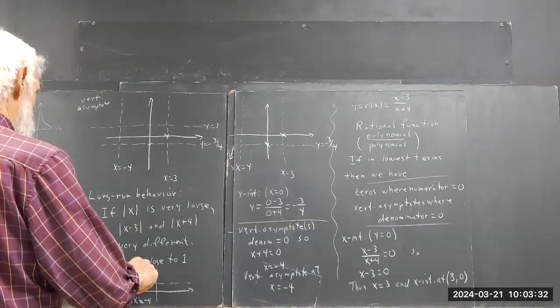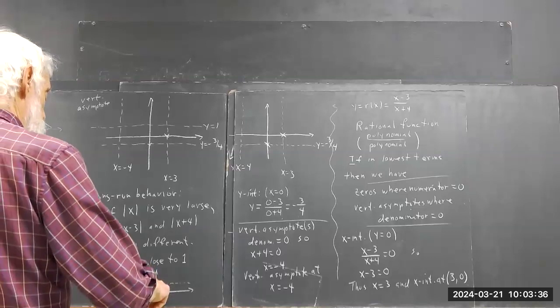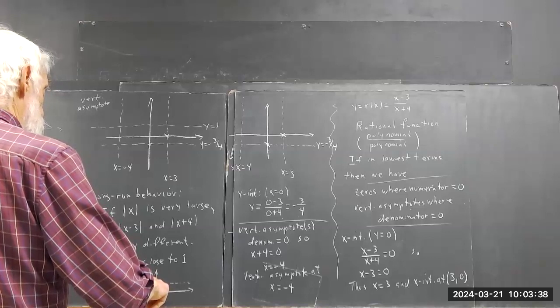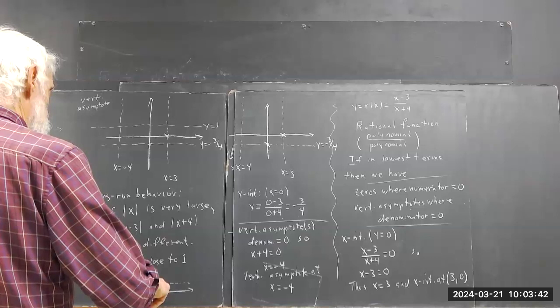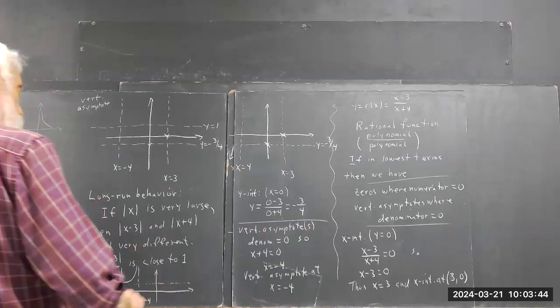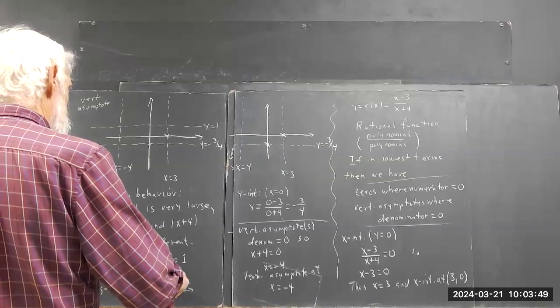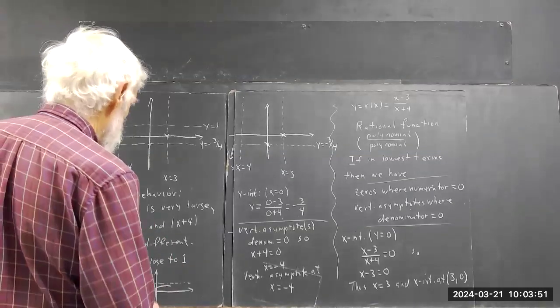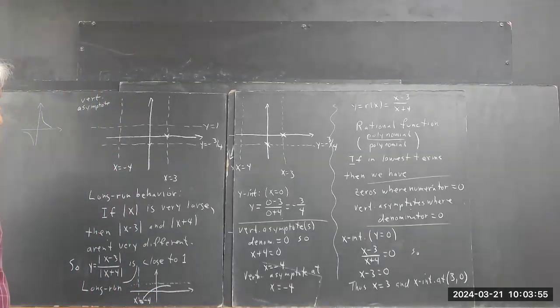We're going to have a function that looks something like this. I haven't given myself room to really draw it very well. Something like this. And maybe I better redraw that a little more clearly.